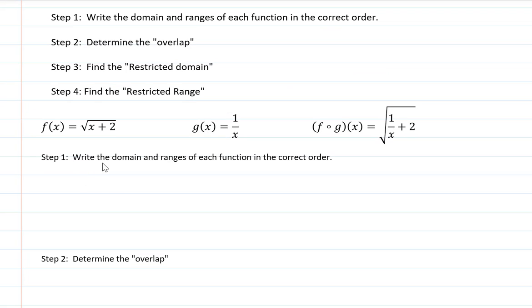So our step 1, we write the domain and ranges of each function in the correct order. The correct order is important. You'll see why here. So we're computing F composed with G, which means we apply G to X first. So that means I'm first going to determine the domain and range of G. Now I'm going to do this kind of fast.